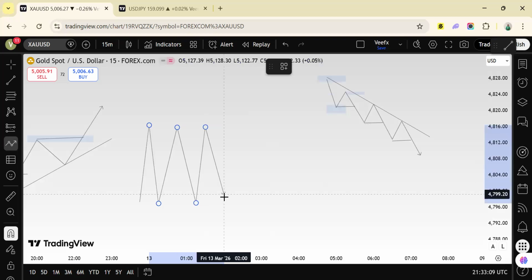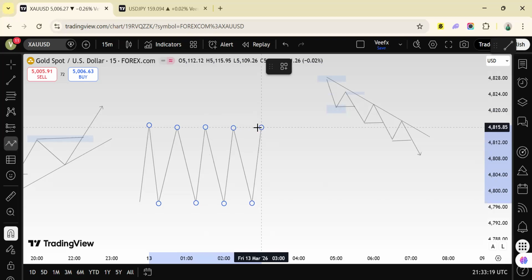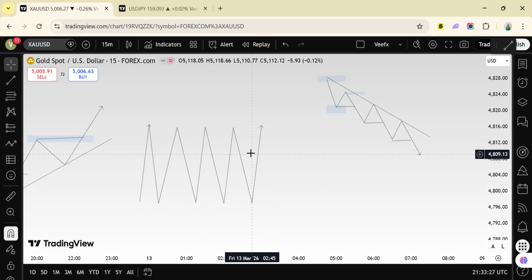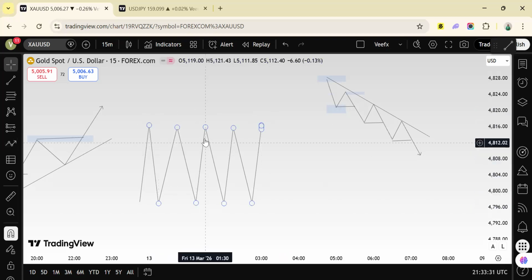Once you see something like this, there's no decision yet. It's just ranging. This is what we call a ranging market or consolidation, because price is just moving from support to resistance, resistance to support, going back and forth, right?